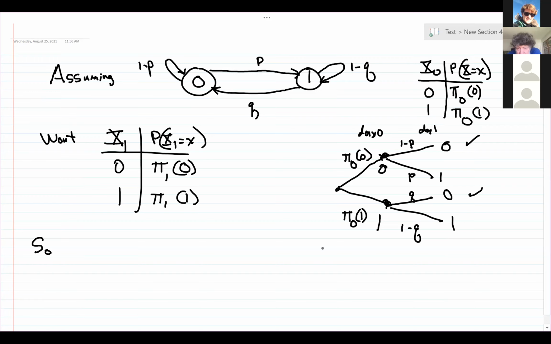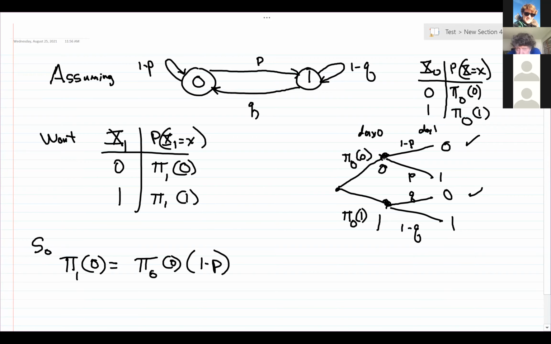So what we can say, and by the way, this is the same idea we did before. We just don't have numbers this time. We have letters. Okay. So the probability on day 1 of being broken would be, you could be broken by going down this first path. So that would be pi 0, 0 times what? 1 minus p.